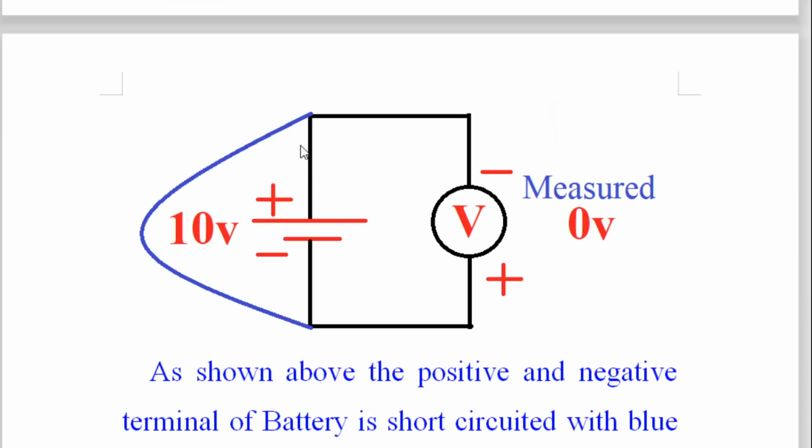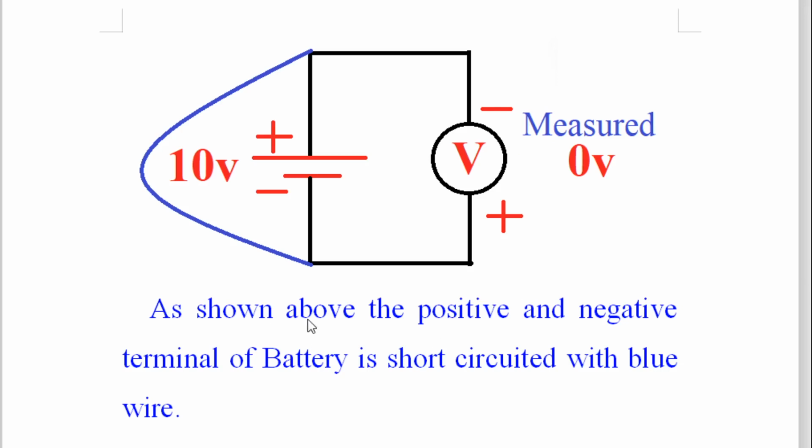Now let us connect the battery plus and minus to the voltmeter such that minus of the voltmeter to the positive of battery and positive of the voltmeter to the negative of battery, and short circuit the battery with the help of a blue wire. Here it is shown in this diagram. Then measured voltage is also 0 volt. Doesn't matter the polarity, whatever it is.